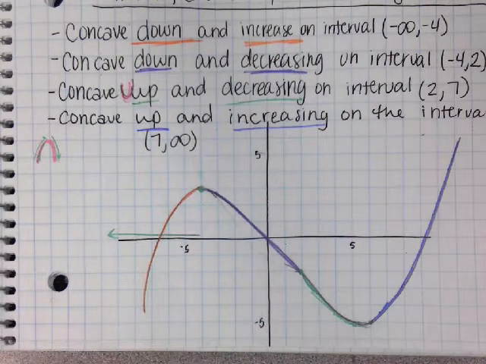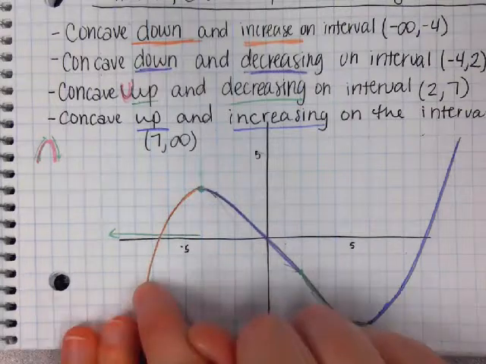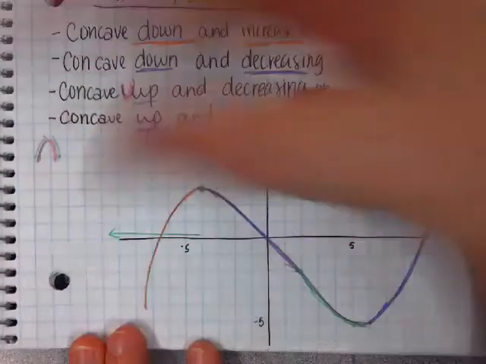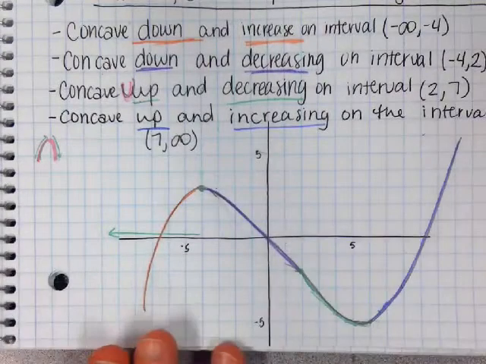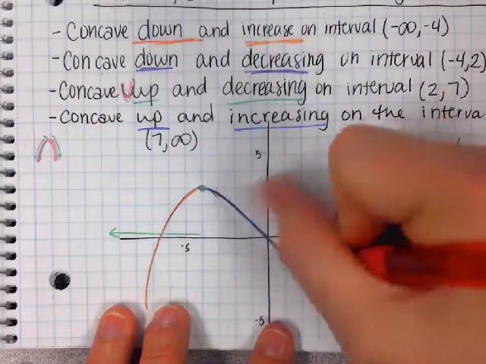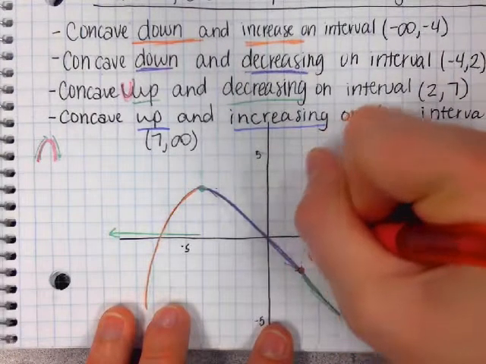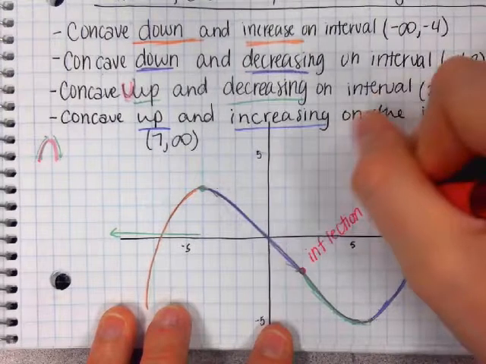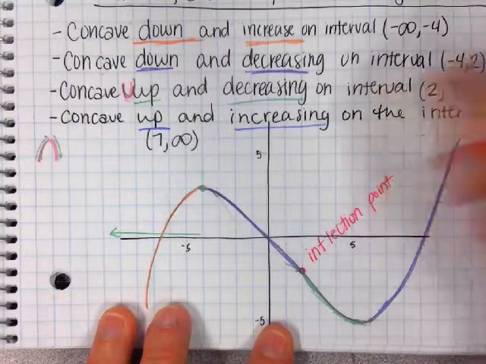So remember where it changes, this is where it's changing from concave down to concave up. So that's actually called, this point right here is called the inflection point.